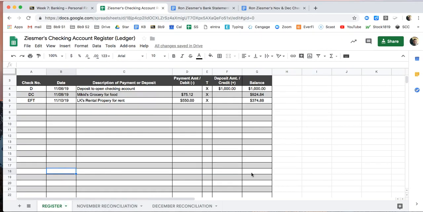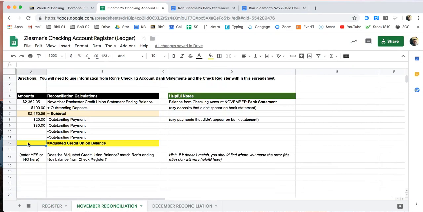Your checkbook is balanced if this balance is equal to exactly what's over here. That's what you want, and if it is, you would put yes, and that means you balanced your checkbook. That means you've accounted for where every payment is, which ones are outstanding. Same with deposits, which ones went through with your bank.